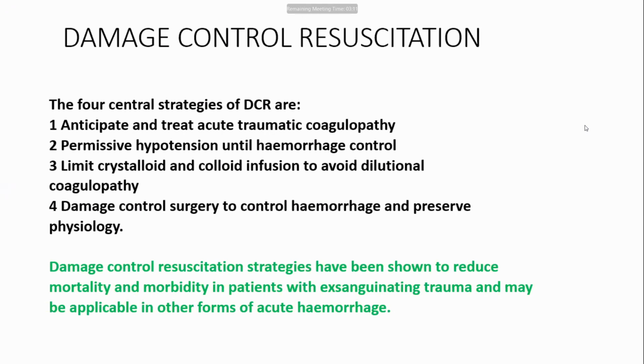Damage control surgery is to control the hemorrhage and preserve the physiology. Yes, we are here to control hemorrhage and to preserve against the physiological derangement which may lead to poor outcome. We are in the era of evidence-based surgery or evidence-based medicine. So it is shown that if you are doing according to damage control resuscitation, the outcome is better in these patients compared to the traditional mode of resuscitation of these hemorrhagic patients.